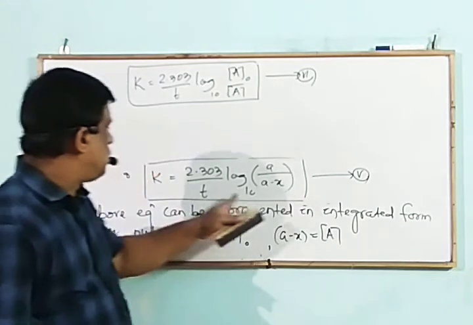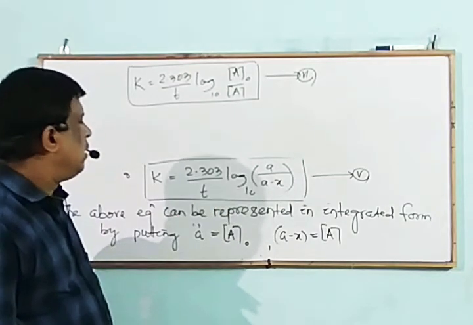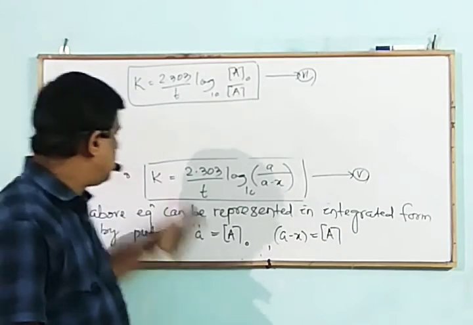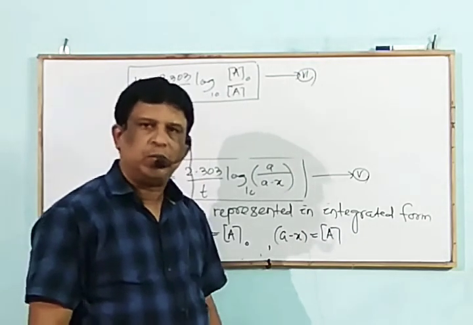So from equation 5 also, we can represent graphically; we can calculate the value of the rate constant graphically. Mark that, how it is possible.